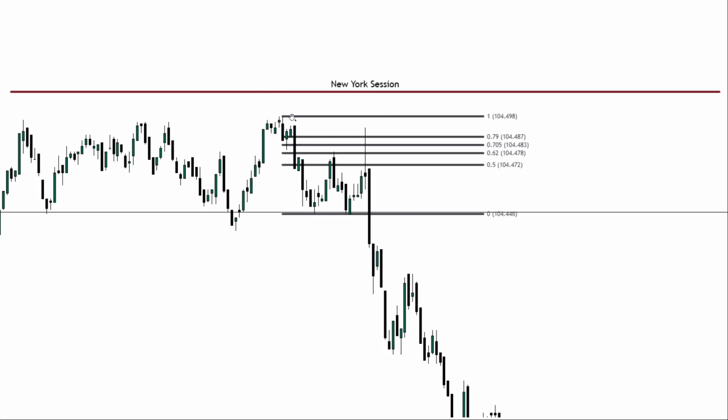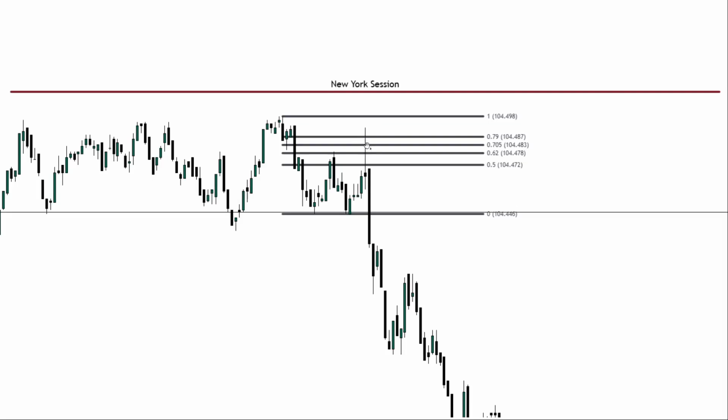New York session, we have this line here, price trades up above liquidity in the New York session, right? We have a nice retracement lower from this high to this low. Then we have a nice retracement back up into the 62 to 79 retracement level. For the New York session, this is the same day on a 1 minute chart.